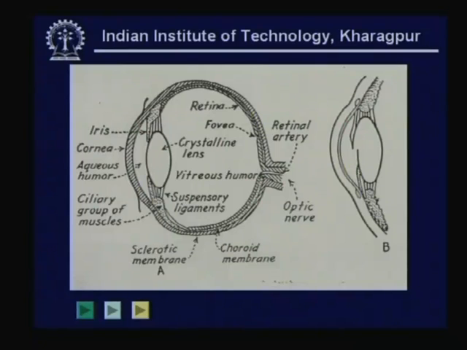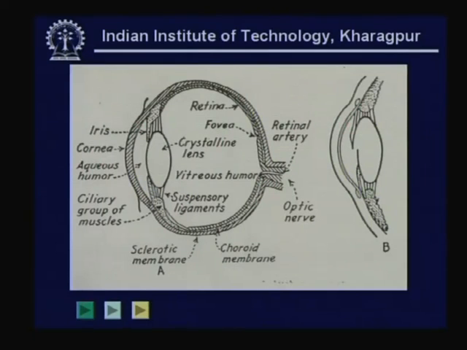This picture here shows the complete structure of an eye. As already told, the three major components are essentially the iris, which is also termed pupil that permits light, the lens, which is a crystalline lens that focuses the images, and the retina, which is the screen at the back.